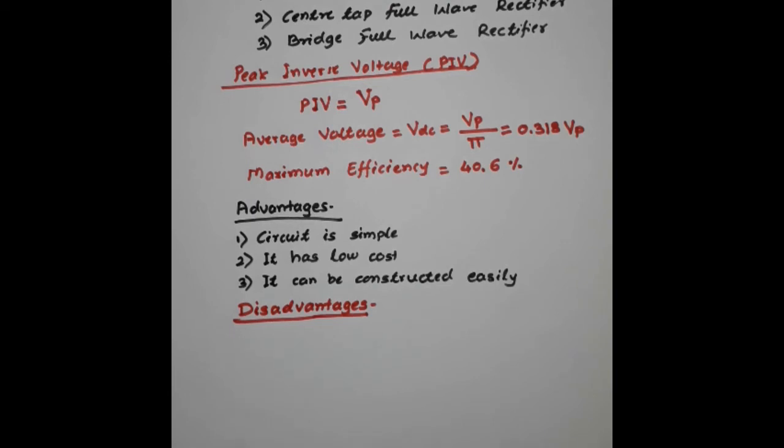So power is delivered only during one half cycle of the AC input, hence output is low.